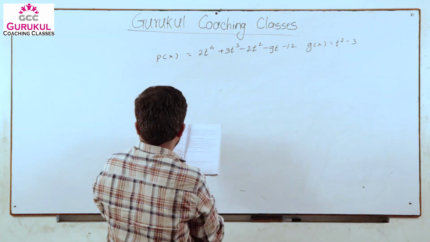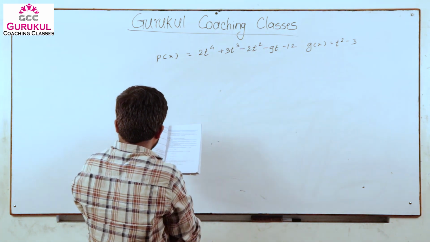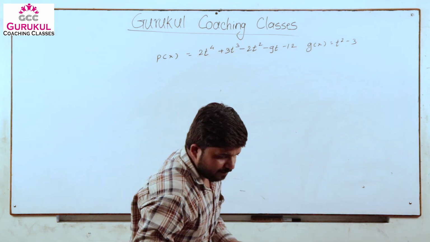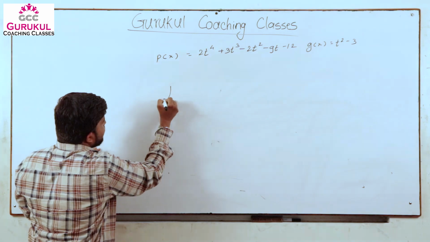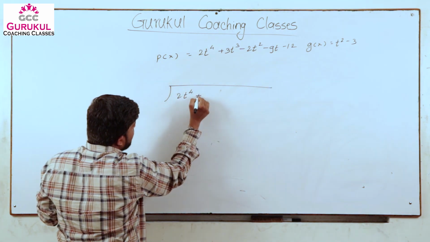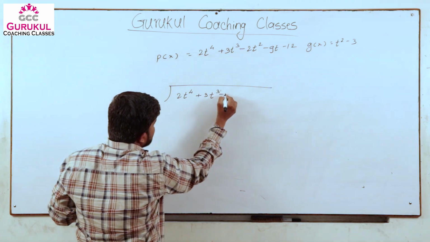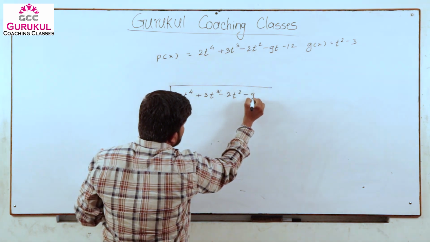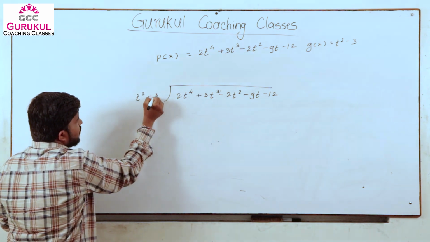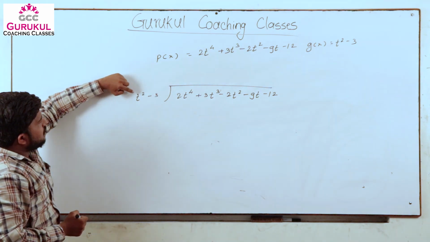Let's write p of x in descending order: 2t raised to 4 plus 3t cube minus 2t square minus 9t minus 12, divided by t square minus 3.